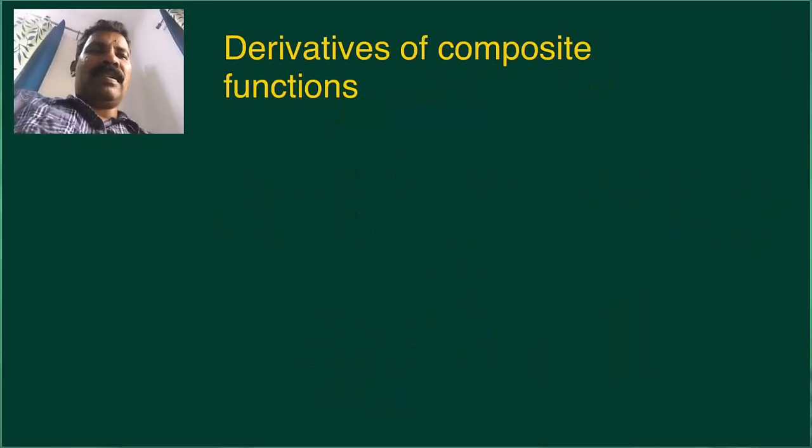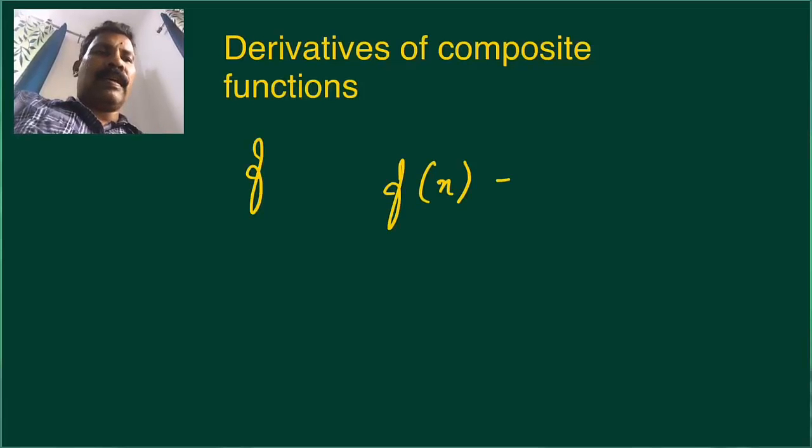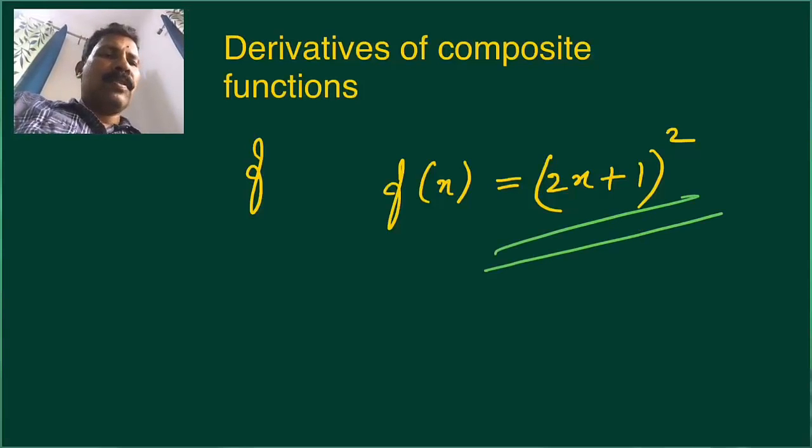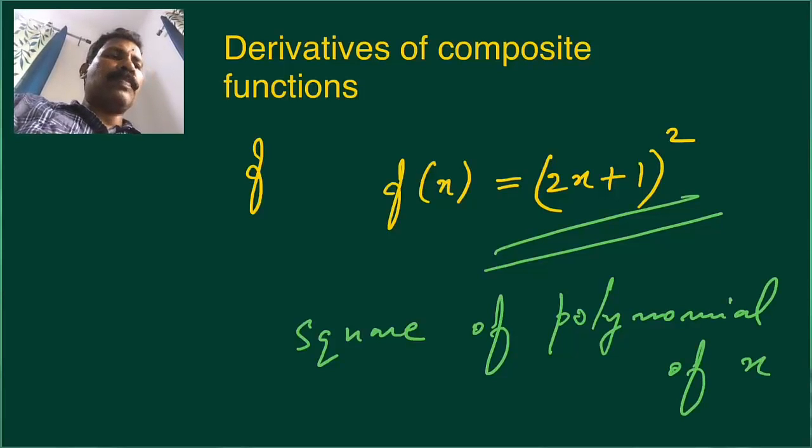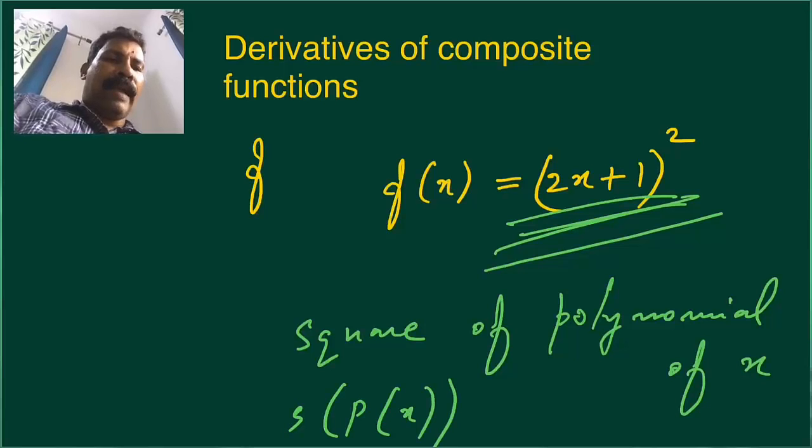Now let us study derivatives of composite functions. When the function f is defined by f of x equal to 2x plus 1 the whole square, this can be interpreted as the square of a polynomial of x, because 2x plus 1 is a polynomial and then we square it.